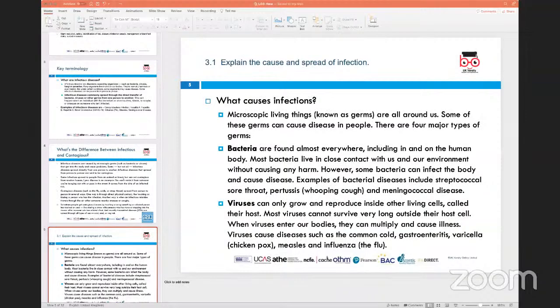So when we look at what is infection, we've discussed that it is a microscopic organism which could be either bacteria, virus, parasite, protozoa, or any sort of fungi, which basically causes some sort of reaction like a sickness or an illness in your body, and that reaction is termed as sickness, or the symptoms of a disease.